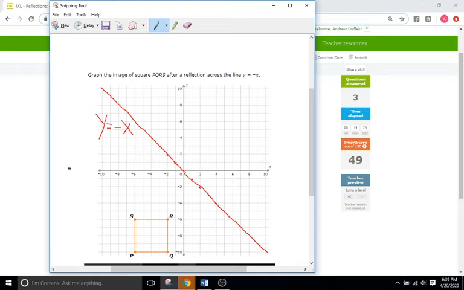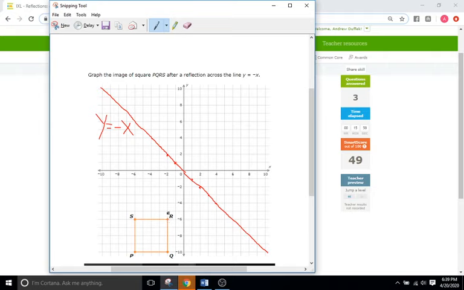Okay. And so the principle for reflecting our shape down here is going to be pretty much the same. Our points are going to be the same distance away from the line of reflection. So R is going to be the same distance away from the line of reflection as R prime, right? Except one thing changes, which is the direction. So for instance, if we want to reflect R over this diagonal line, this line of reflection, y equals -x, we're going to count the distance.